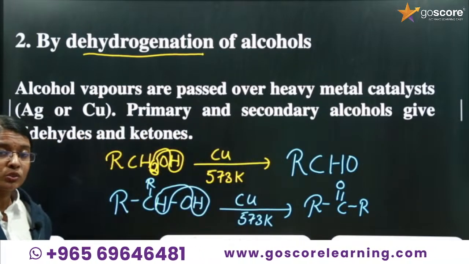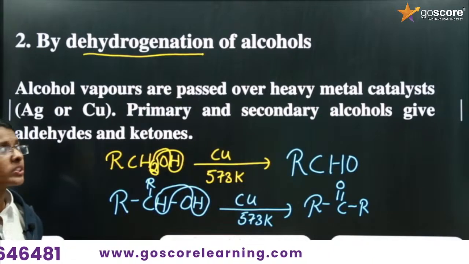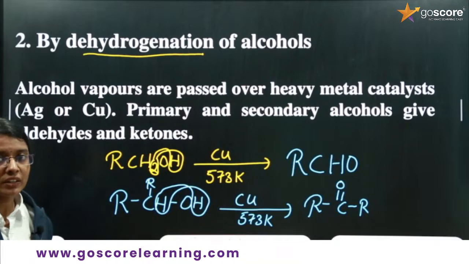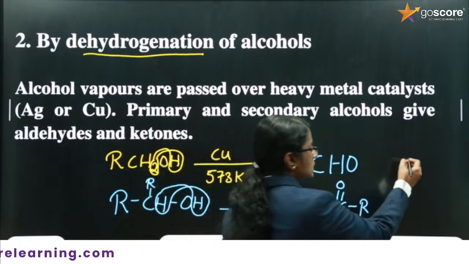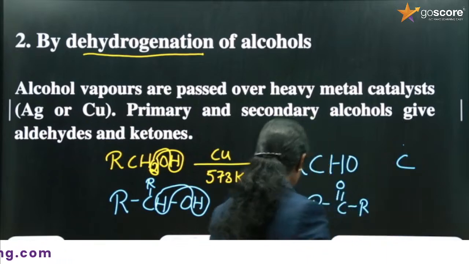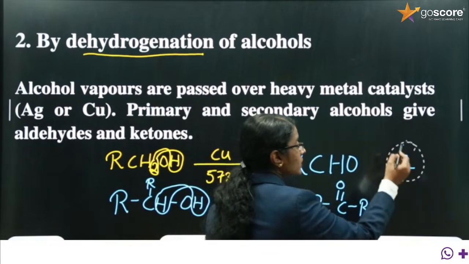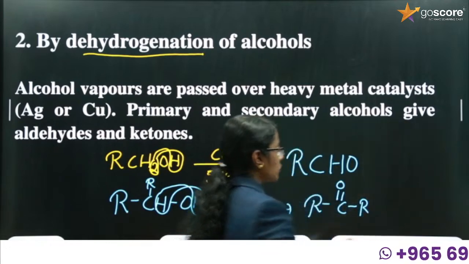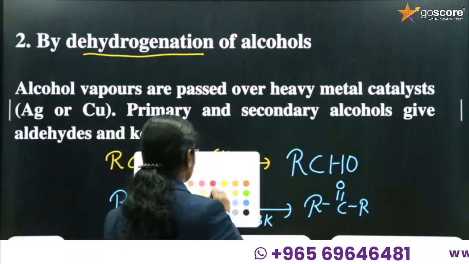Tertiary alcohols do not undergo dehydrogenation reaction. Why? In tertiary alcohol, there are three alkyl groups attached to the carbon containing the OH group.